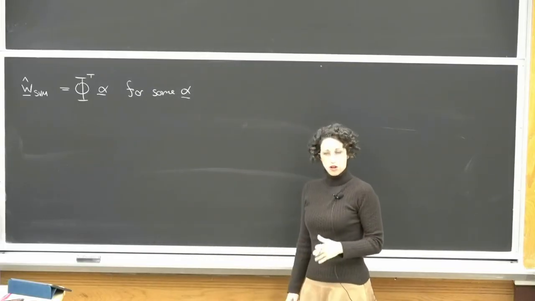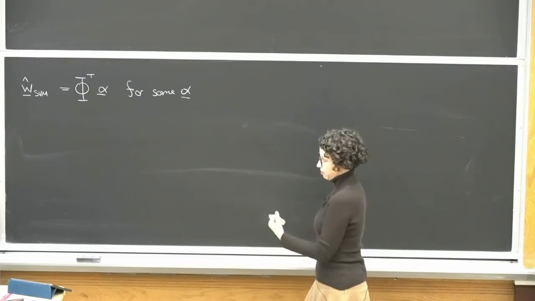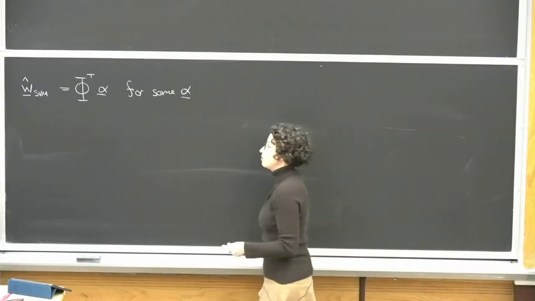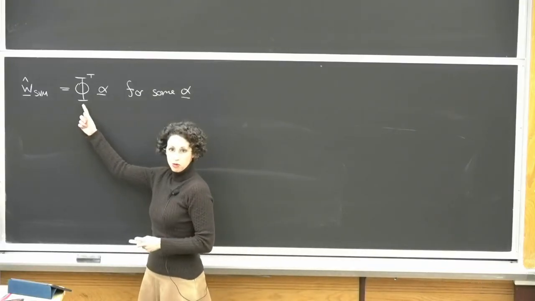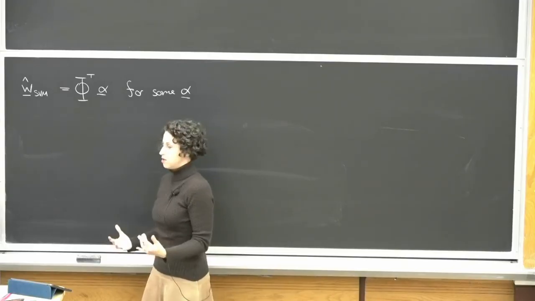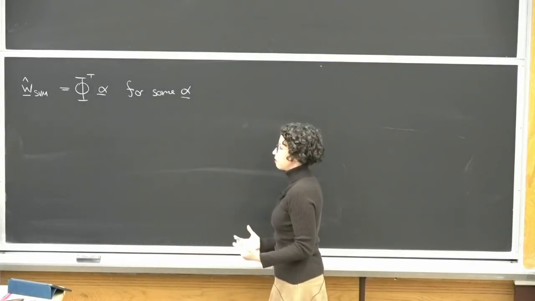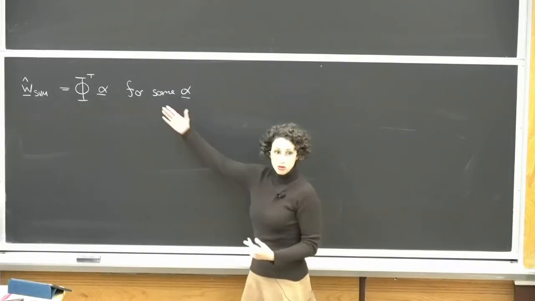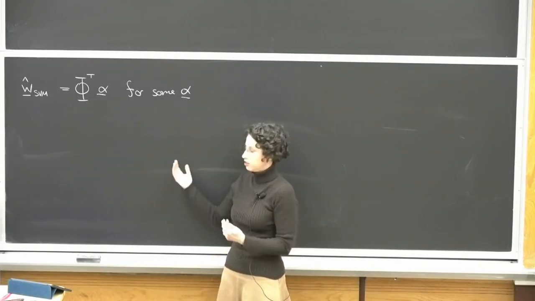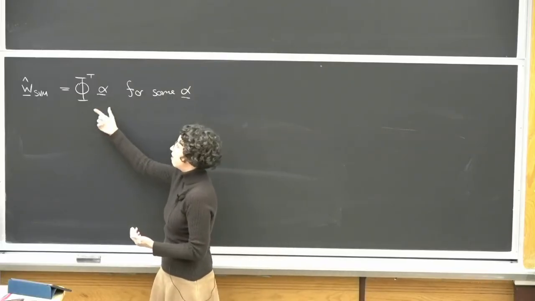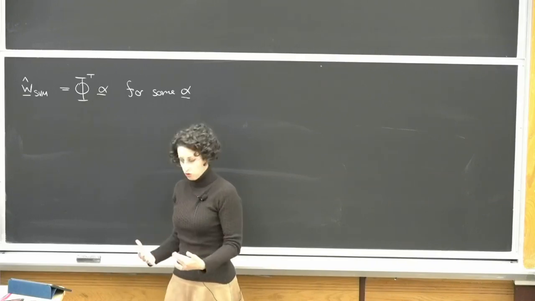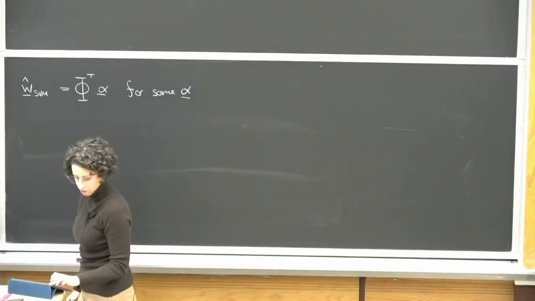In other words, our weight vector, the solution to the optimization on the first board, is going to be a weighted sum of the rows of this phi matrix. Now our goal is to figure out what that weighted sum looks like, just like we did with kernel ridge regression. But we're going to use this fact in order to find that optimal alpha vector, right? It only makes sense to solve this by finding alpha if this is true. And so what I want to do now is to show to you that this is in fact true.